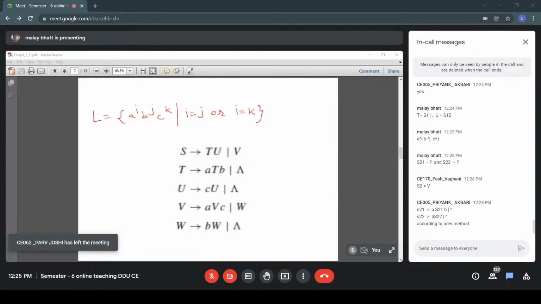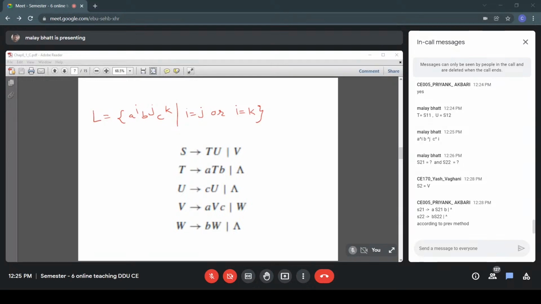Okay, what Priyanka has written, S21 is equal to A S21 B or null. So we have A and B. Okay, so this is you are writing for the L1 language. A and B are equal, i equal to j. No, I think something different you are willing to tell. No, when i is equal to k, that means i, A and C are equal.